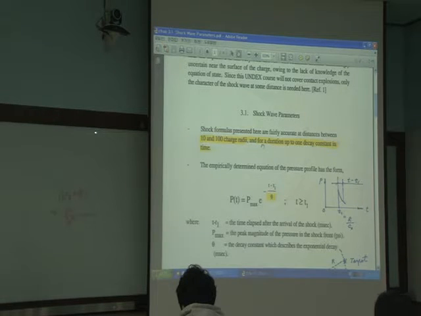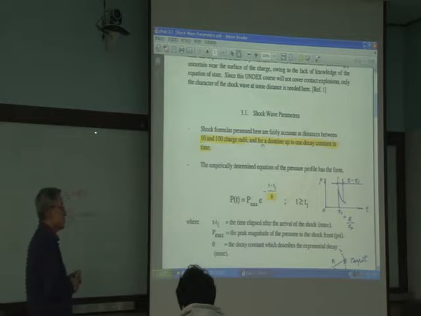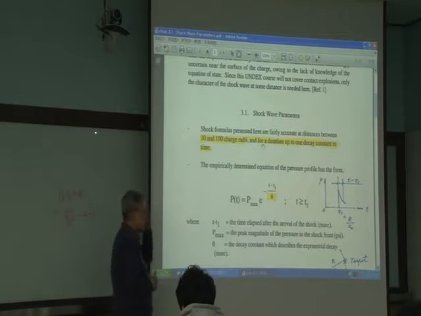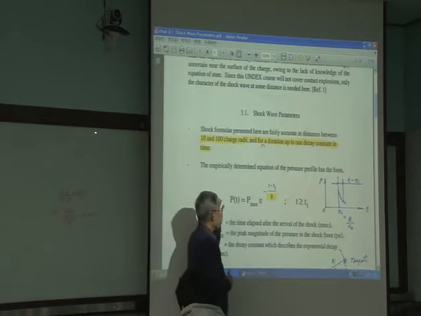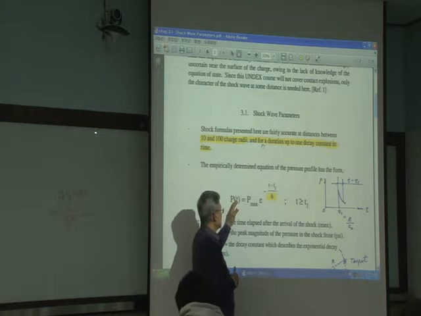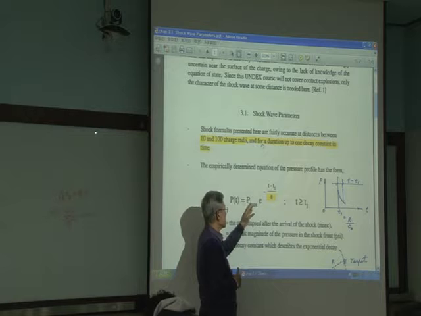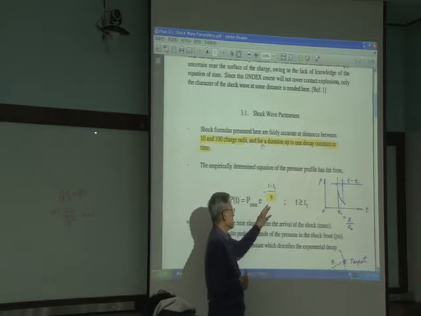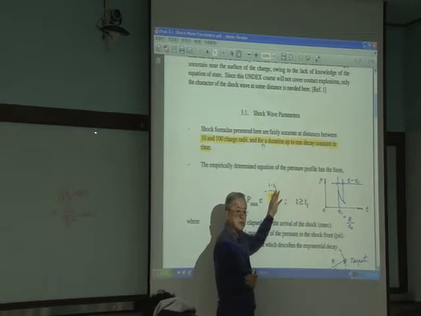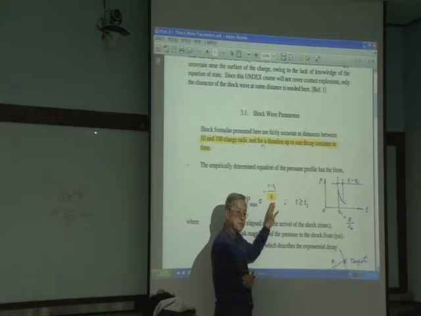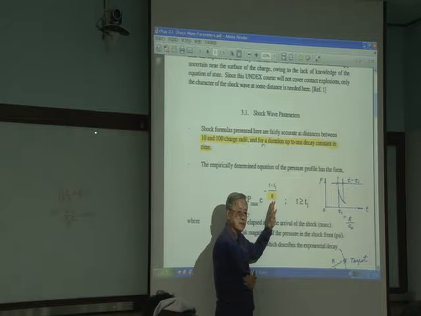And this equation is really the first equation, pressure. Think about the pressure. So this is expressing pressure as a function of Pmax, and theta, of course, T. Theta is called the decay rate constant.